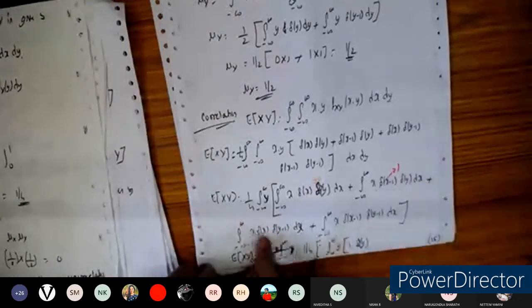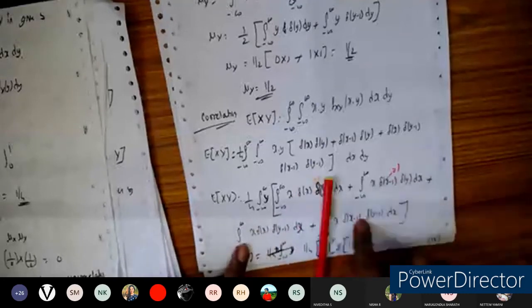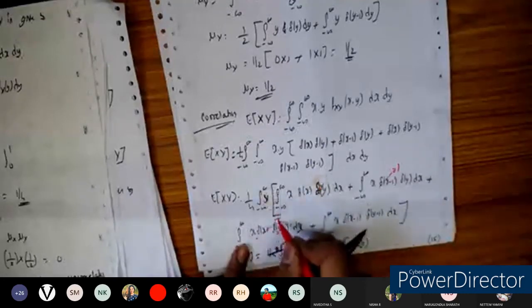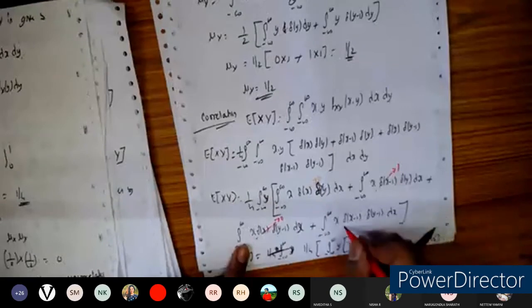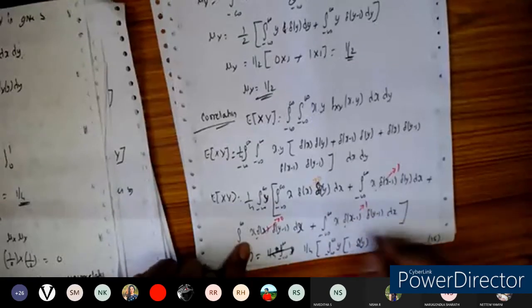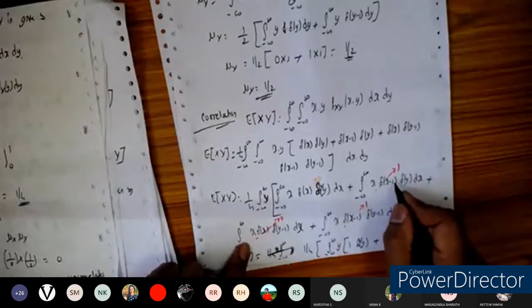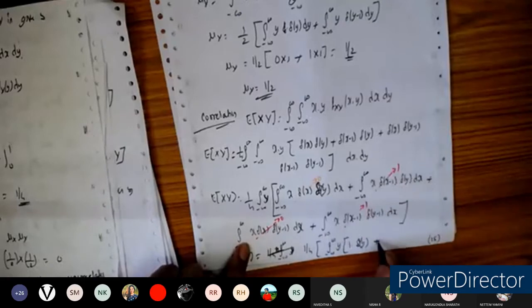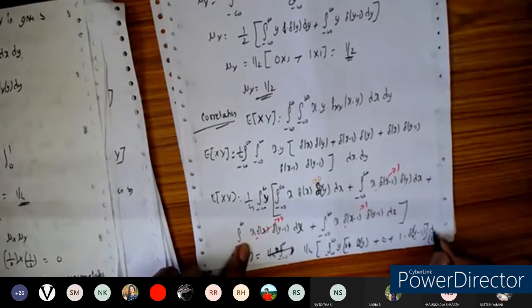The term x into delta of x becomes 0 again, and the last one becomes 1. So the first is 0, this is 1, this is 0, plus this will be 1. So we get 1 into delta of y minus 1 into dy.